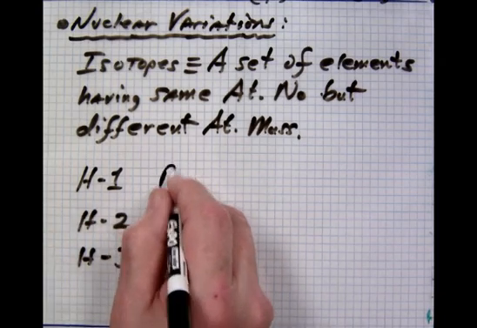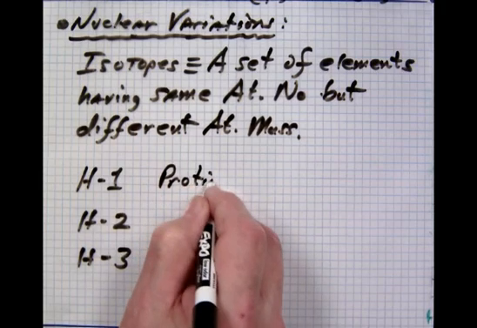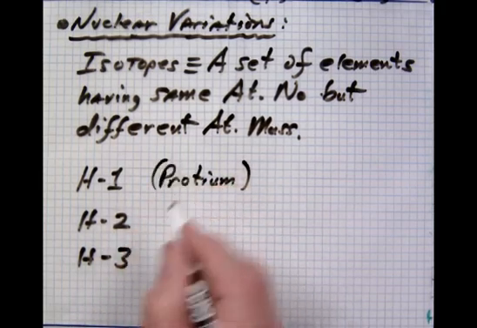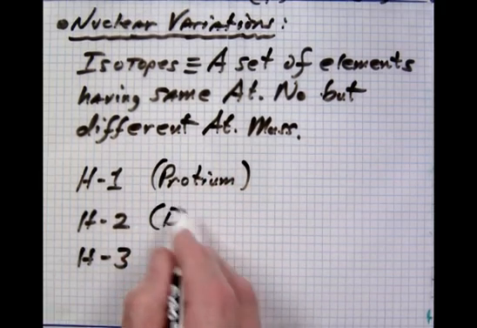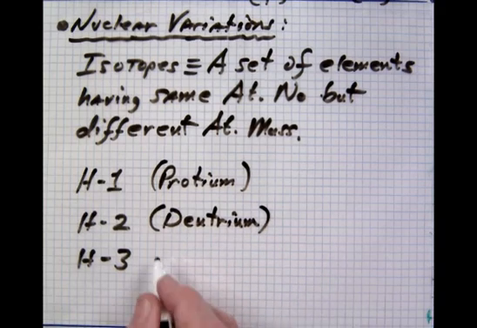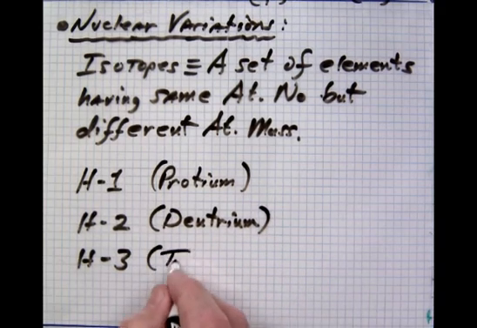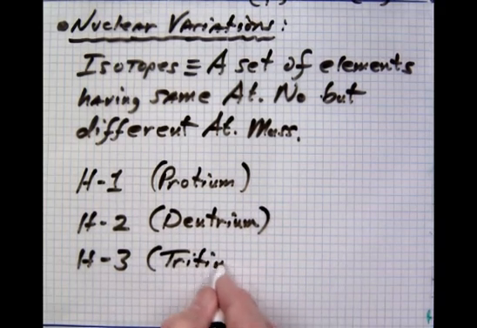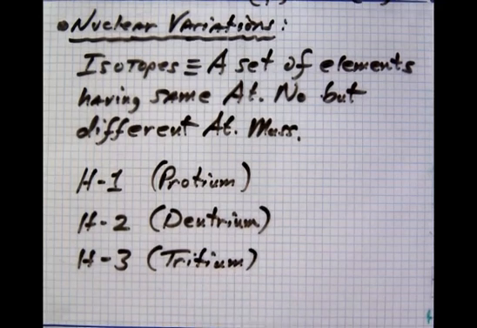Hydrogen 1 is called protium. Hydrogen 2 is known as deuterium. Hydrogen 3 is tritium. This is the only set of isotopes I'll ask you to memorize. So it's pretty straightforward. I don't think any others have names like this.